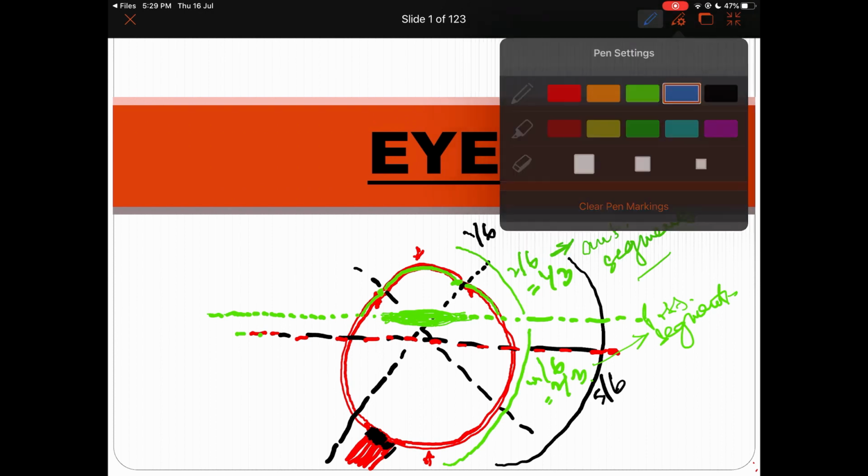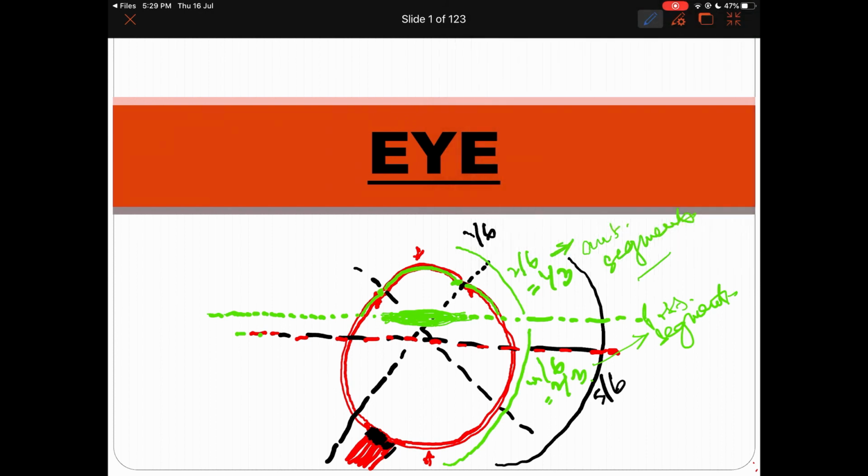But then will come the next layer, called the vascular pigmented coat, and out of this vascular pigmented coat, under the 4/6 invisible part of the sclera, the vascular pigmented coat is present with the name of choroid.